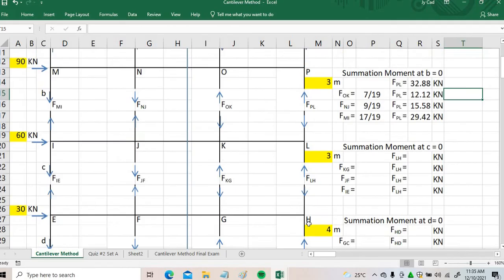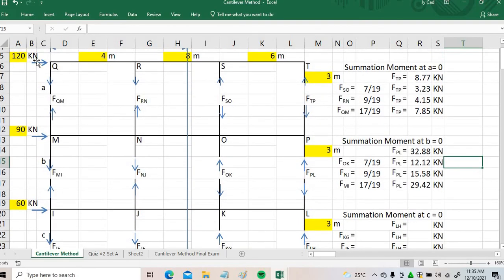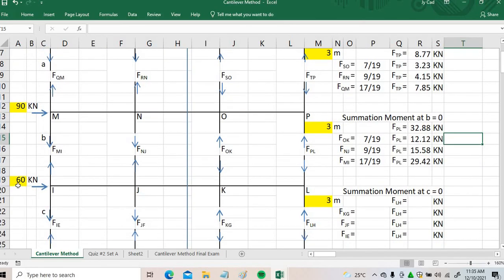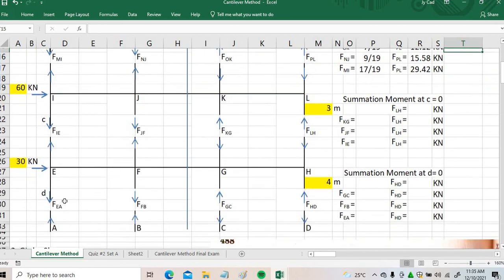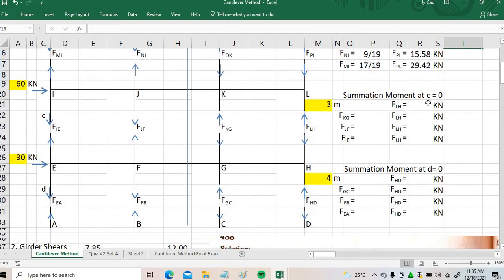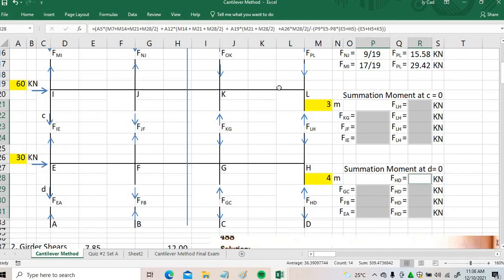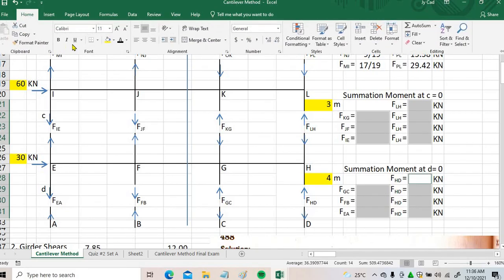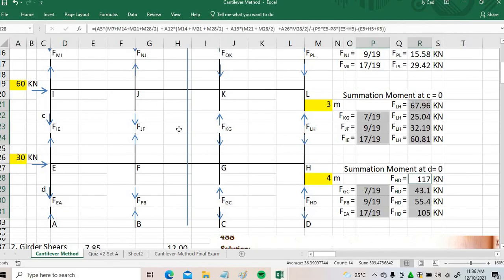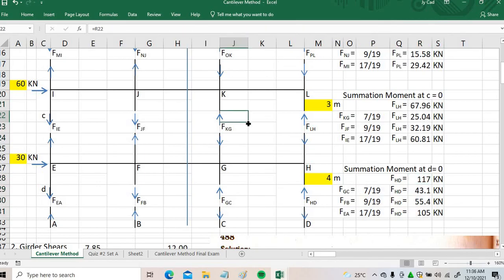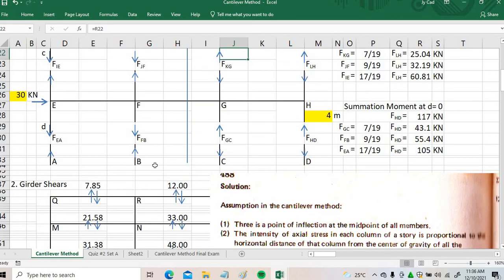Tapos, madadagdagan ka ngayon ng forces. 120 times 7.5, tapos 90 times 4.5, and then 60 times 1.5. Yan na yun. Hanggang sa first floor. So you try doing that on your own. And these are the forces. Next would be the girder shears.